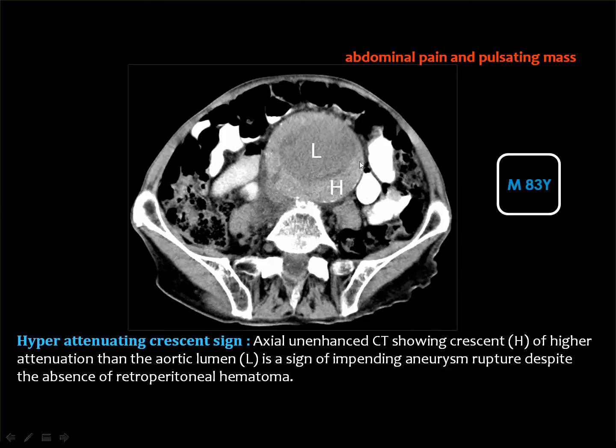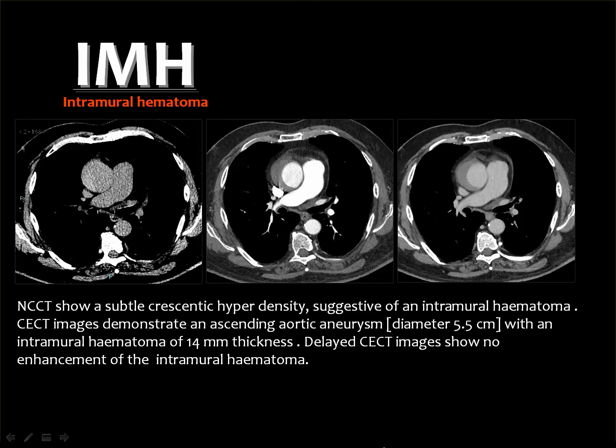Here you see the pre-contrast scan with a mural hyperdense hematoma surrounding the relatively hypodense aortic lumen. In the pre-contrast scans in cases of aortic dissection, you see nothing.